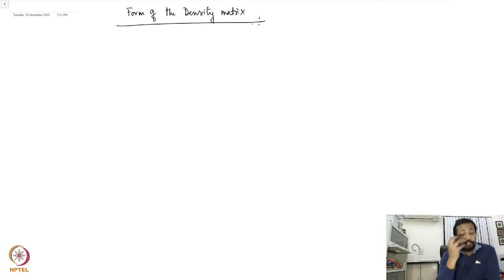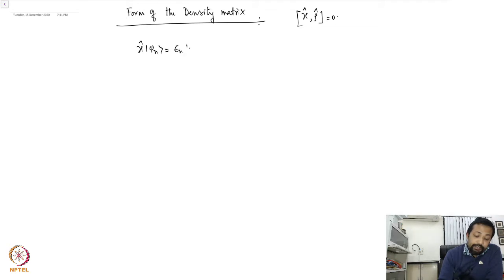So now we want to look at the form of the density matrix. And for this, I am looking at the equilibrium distribution. Therefore, I know that the Hamiltonian and the density matrix commute with each other, and this essentially means that if I work in the energy eigenfunction basis φ_n, then the density matrix is going to be diagonal, right?